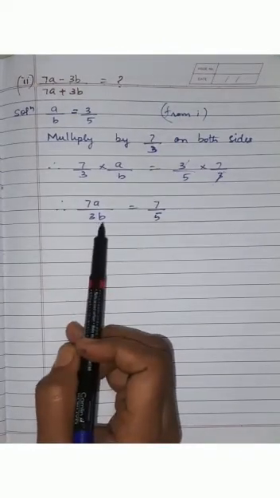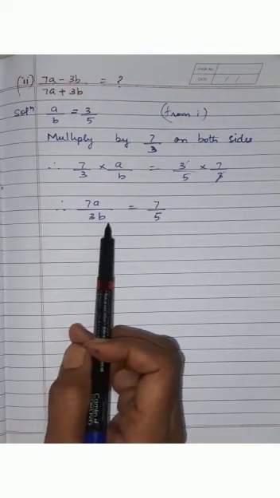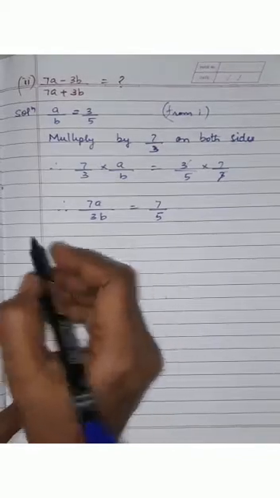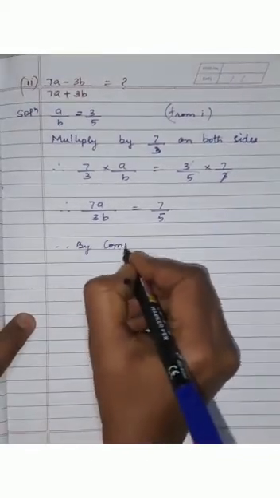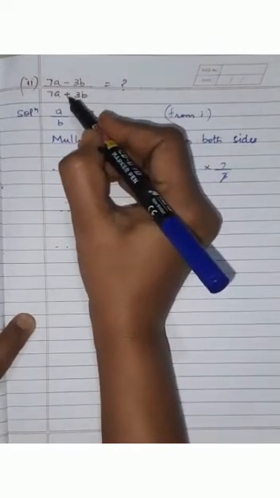Now children, which property will we follow? By componendo and dividendo, since here we have minus and here we have plus.